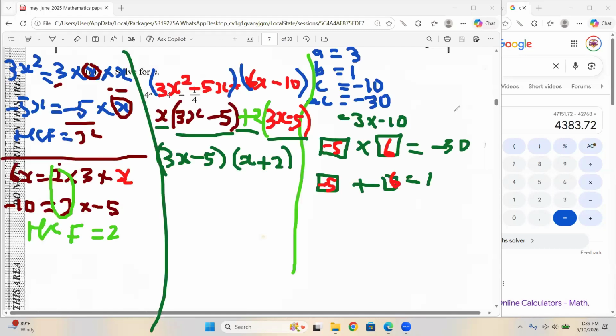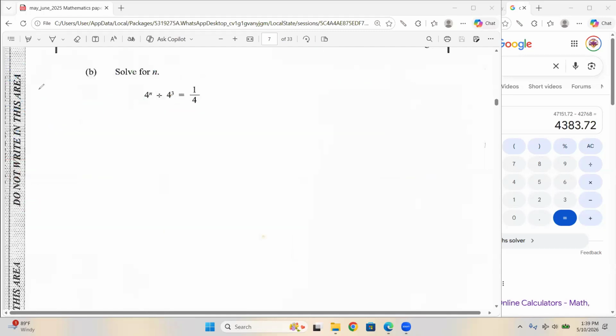There's a rule in math, right? If you have a to the power of negative n, this can be written as 1 over a to the power of n. So what does this have to do with that? A lot. Because this fraction, 1/4, is actually 1 over 4 to the power of 1.